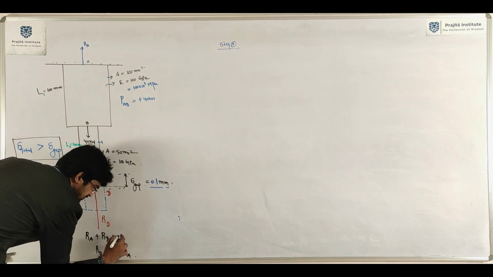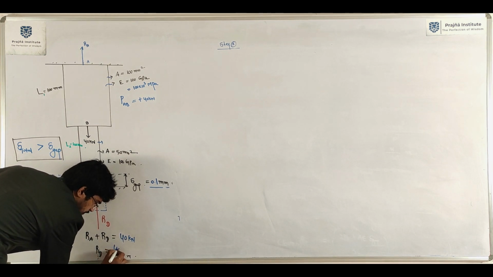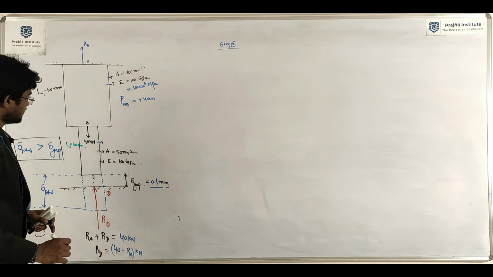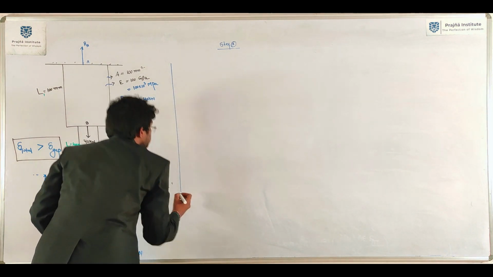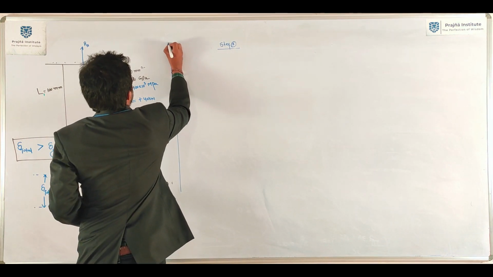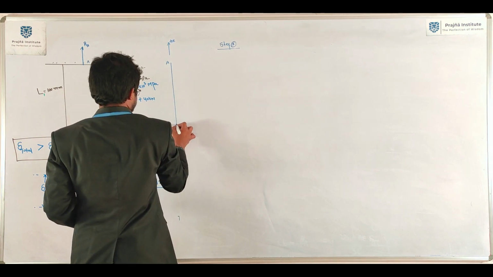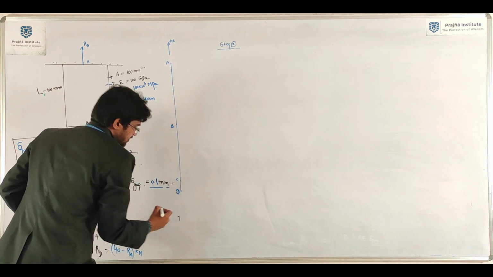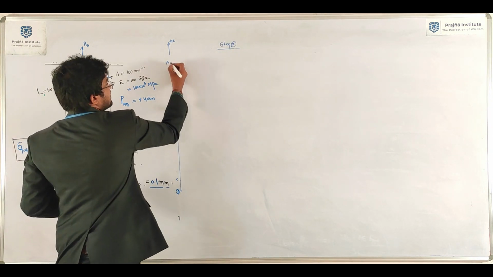It is 40 kilonewton minus RA, everything in terms of kilonewton. So just draw the pseudo axial loading diagram. Start from here, assumed to be positive. So A, B, and this is D.